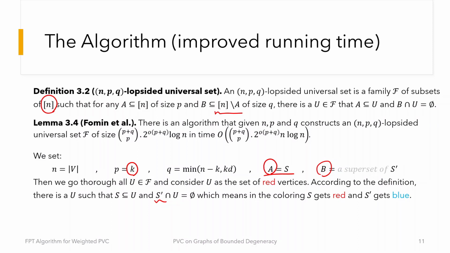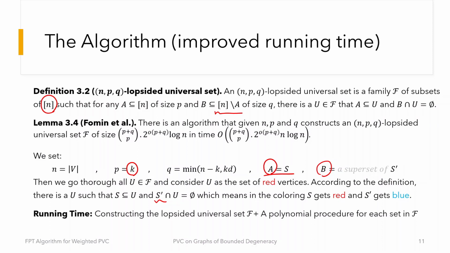So that's it. We just go through all sets U in the family F and we calculate the value, and then we pick the K most valuable vertices at the end. We get the one which covers the maximum weight of edges.